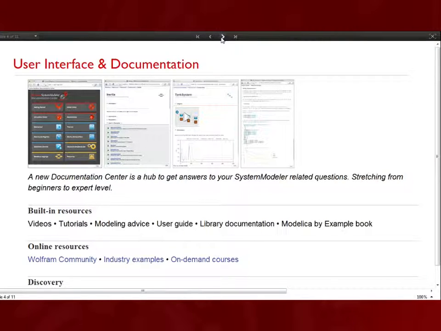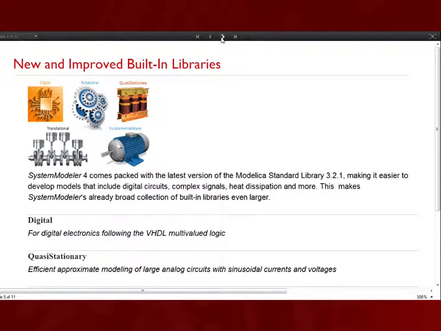And there is also inside the tool itself a complete book about the Modelica language, which is used for the models in SystemModeler, that you can read, with examples to understand how to do your textual modeling, taking full advantage of it.